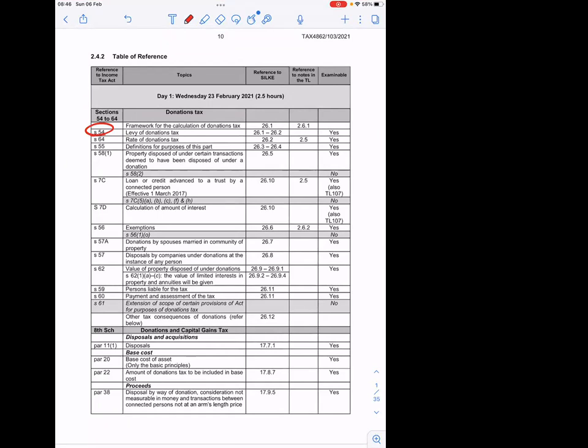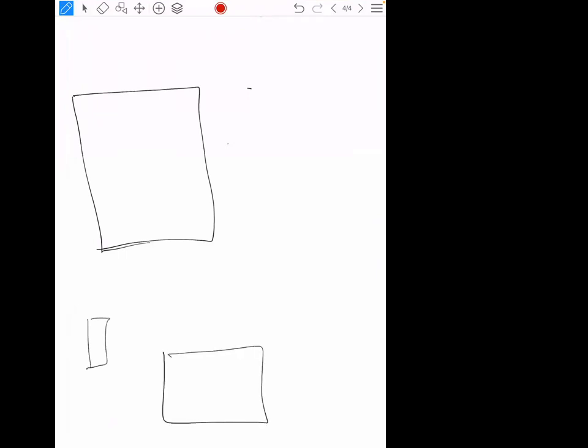So onwards, it's section 54 onwards. So what you do there, this is your Income Tax Act, right? You have got those things for flagging. Some are small and some are big. So you need a bigger one to show where donations tax is. You write there, donations tax, and you go and put it where the donations tax starts.